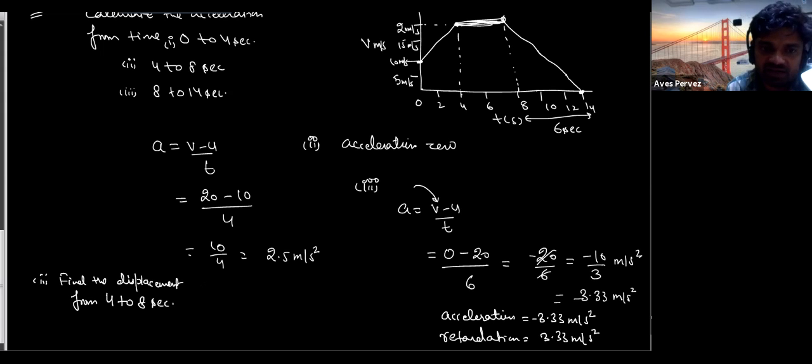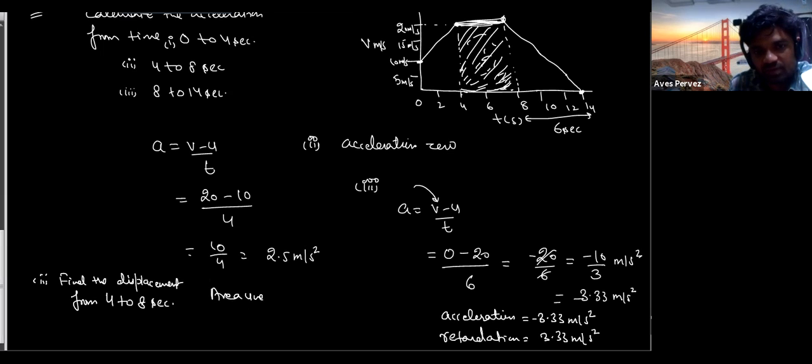So we know that in a velocity time graph, the area under the graph gives you the displacement. So you need to calculate the area up to here, and this will give you the displacement. Area under the VT graph gives displacement.